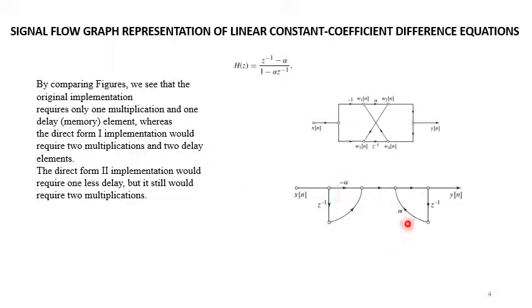So one multiplication here, one multiplication here, one delay here, and one delay here. Now if we convert this to direct form 2 implementation, we would require one less delay unit, but we'll still require two multiplications.